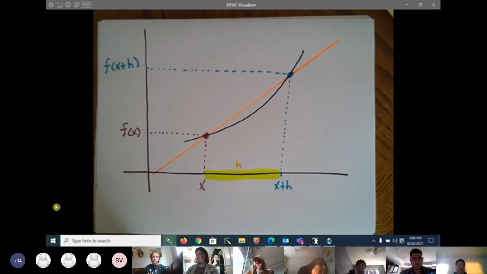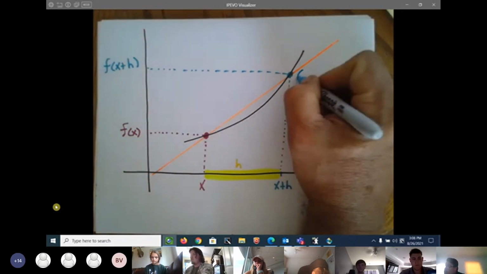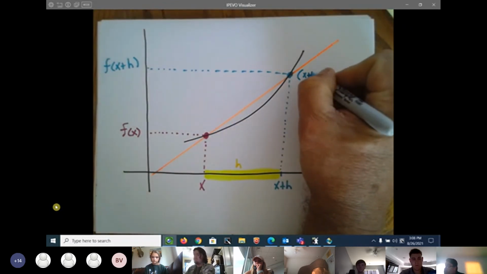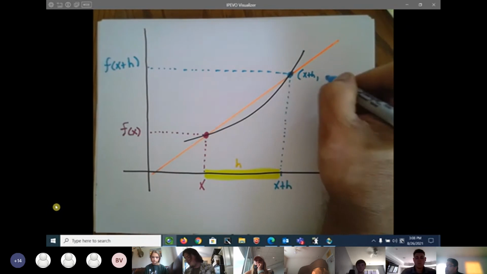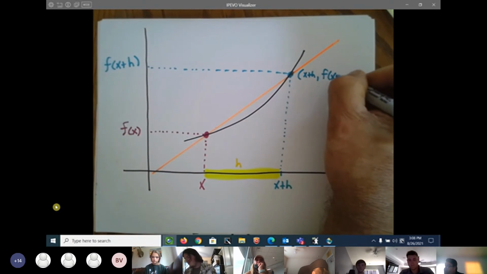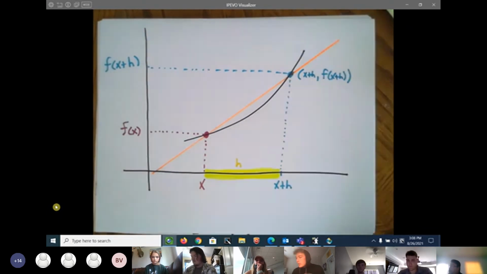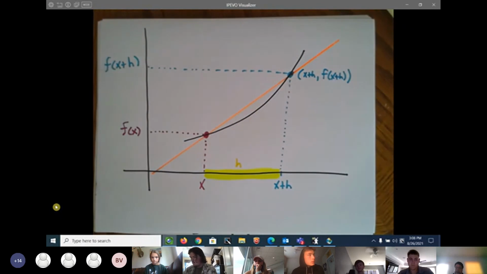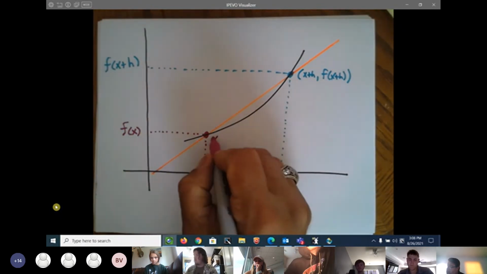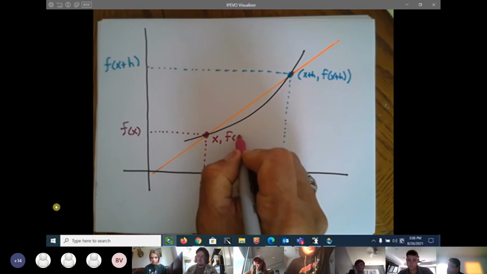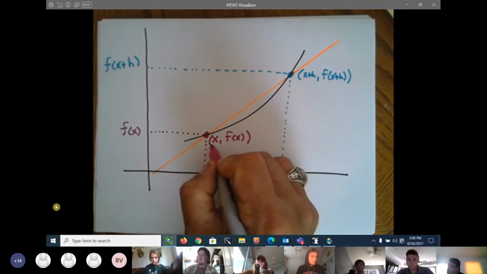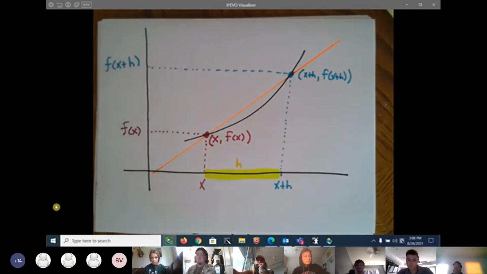Now, just to make things simple for y'all, I'm going to write x plus h, comma, f of x plus h. And then this point is x, comma, f of x. Everybody with me? Yes.